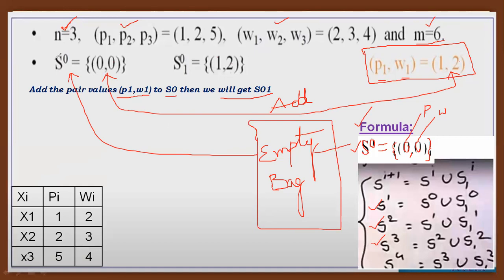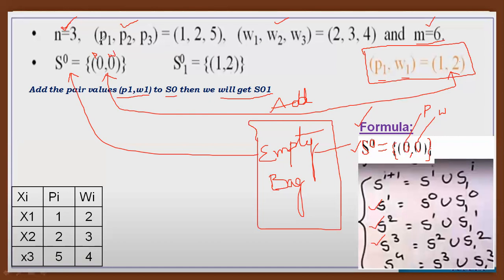That is called S power 0. Here the first one is P and the other one is W. 0 comma 0 means P value is 0, W value is 0. That means no profit, no weight, the bag is empty. Once the bag is empty, you can start filling the bag with some number of items.